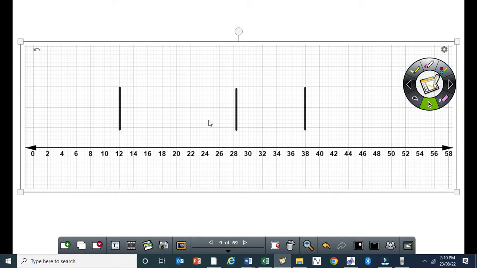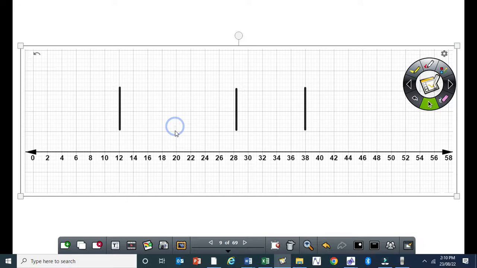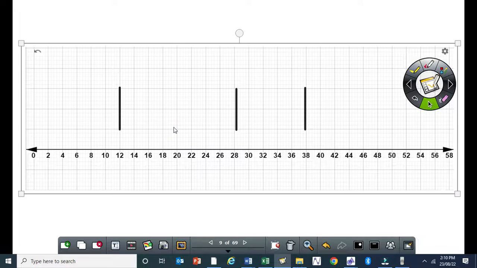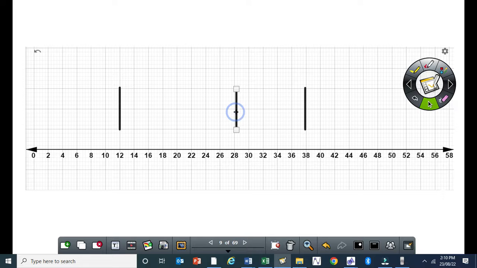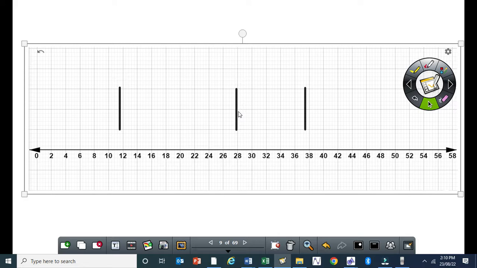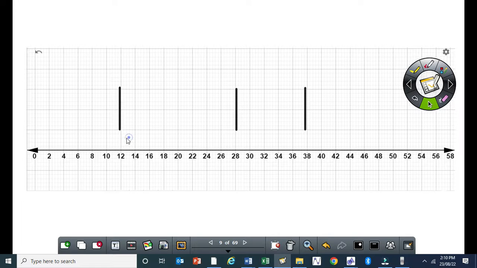Okay, let's drop it down here. It's not so easy to move.